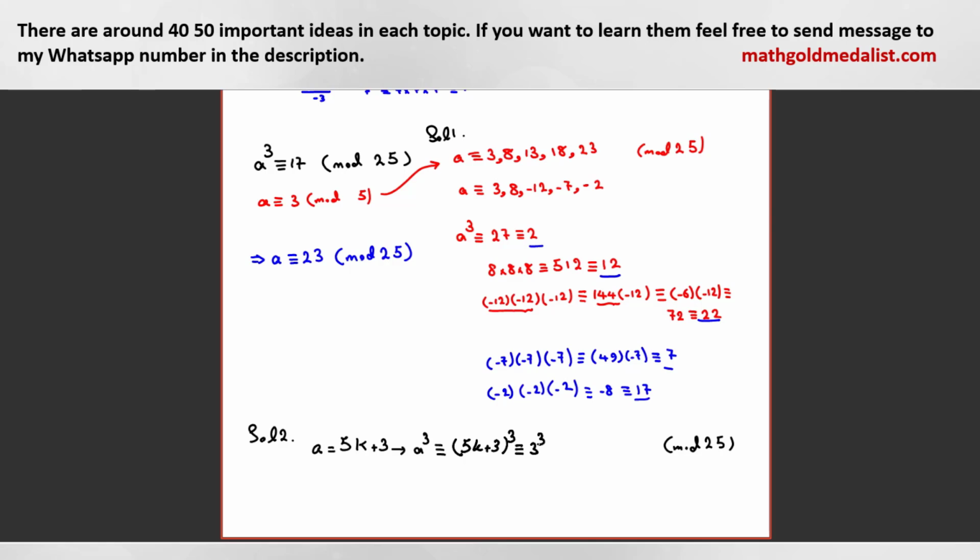So it will be 3 cubed plus 3 times 3 squared times 5k, right? Which is 17, right? So 3 cubed is 27. 27 times 5k is congruent to 17 minus 27, which is -10, right?